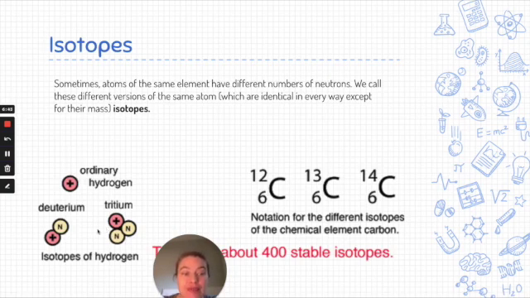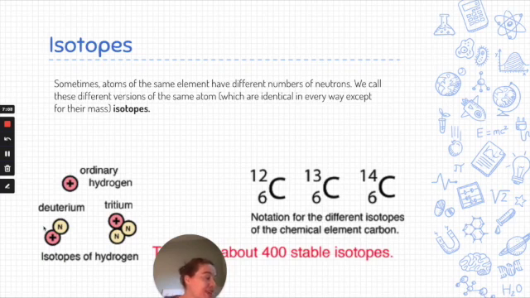Those 3 versions of hydrogen with 0 neutrons, with 1 neutron, and with 2 neutrons, we call isotopes of hydrogen. All of them are hydrogen. Each of those is a hydrogen atom. The only difference between them is that some of them are heavier than others. So deuterium or tritium is much heavier than ordinary hydrogen would be.